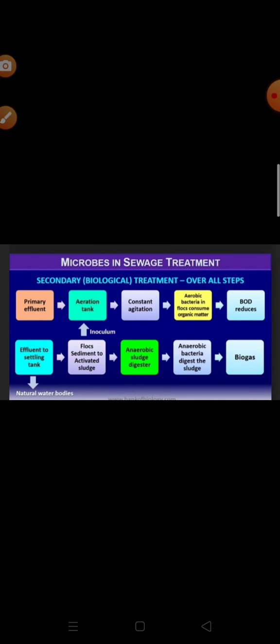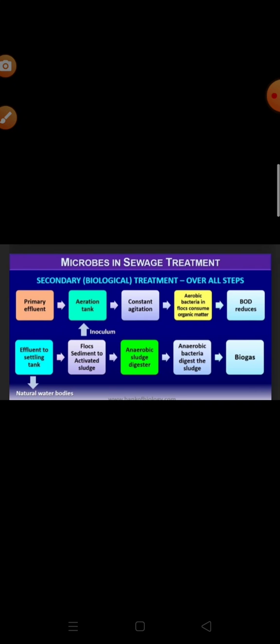Now you can see here it is given in tabulated form. The primary effluent goes to the aeration tank, where constant agitation happens. After that, the aerobic bacterial flocs consume the organic matter and biological oxygen demand reduces.